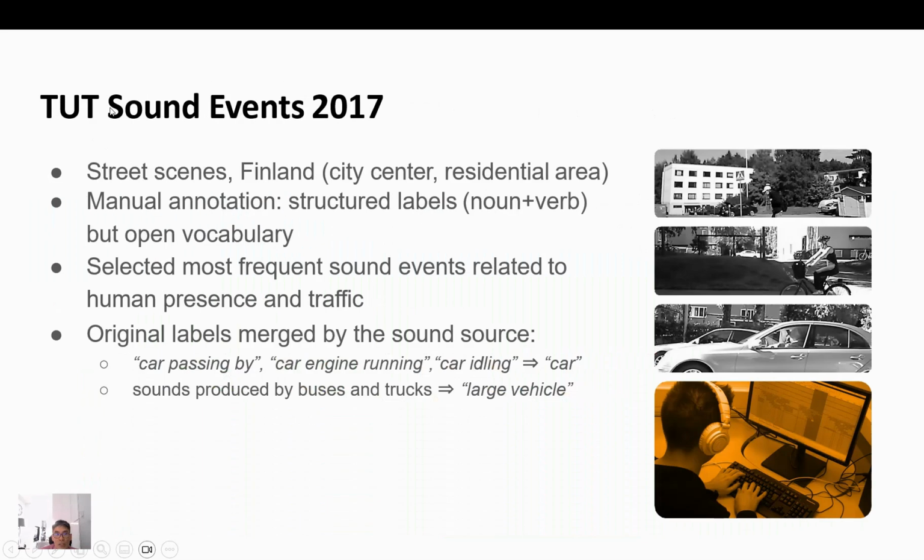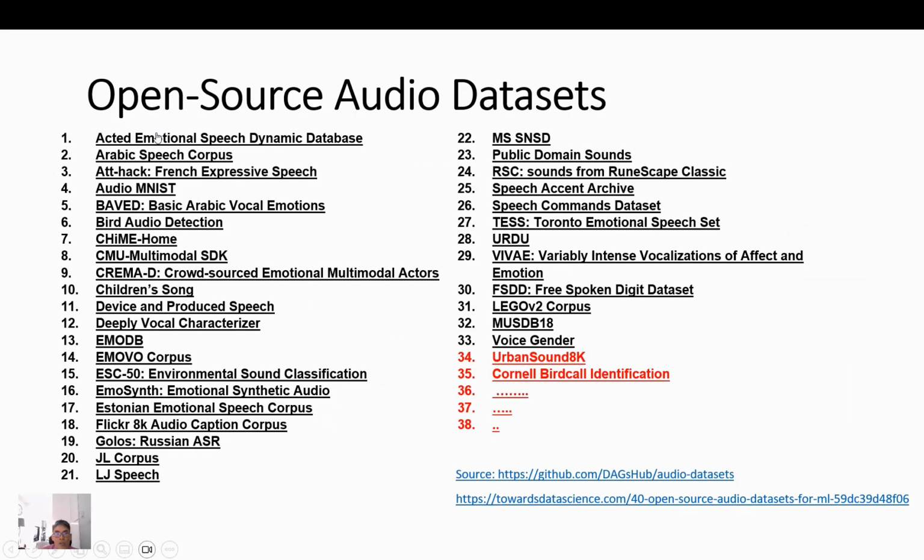But for the TUT sound event data set, I want to differentiate that sometimes they merge the sound sources. Like for example, car engine running and car idling, we merge it as car. Buses and trucks, we merge it as large vehicles. Right? So these are open source audio data sets, you can all download free of charge. And it's not only these groups that you see in this slide, it can be more than that.